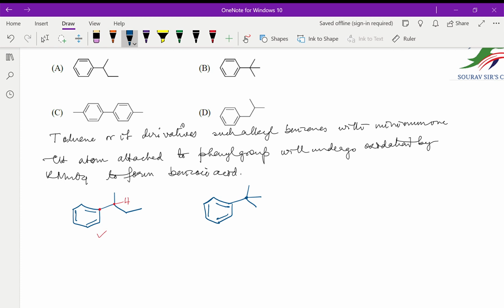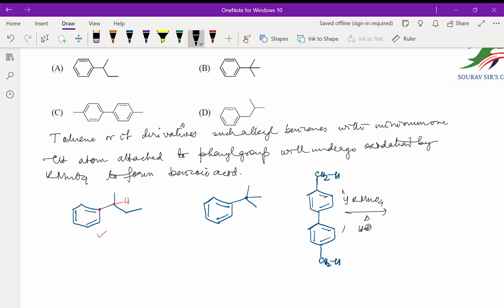For the next one, we have a biphenyl type of system, and this carbon has the H, so it will undergo oxidation by the KMnO4 reagent and after acidic workup.